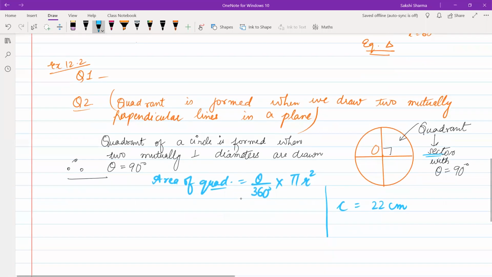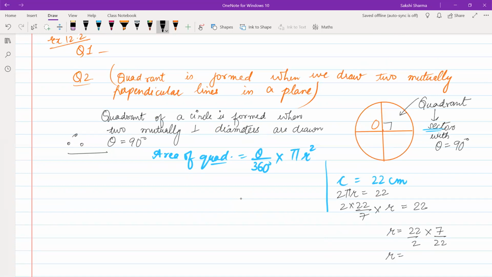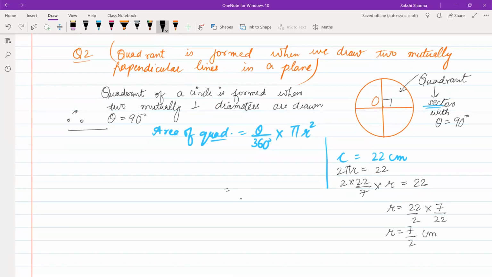Can we find out the radius for the circle? Seven by 2. And use it in your expression here.